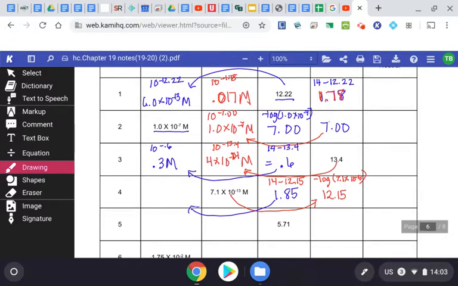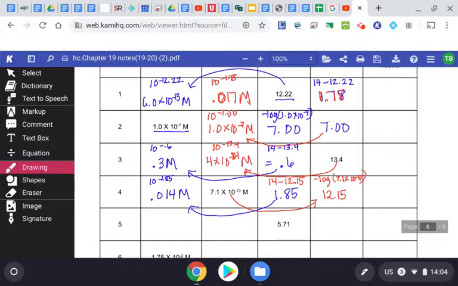I'm going to take the antilog of the negative pH value, so 10 to the power of negative 1.85. That number has 2 decimal places, so my answer will have 2 significant figures. That comes out to be 0.014 molar.